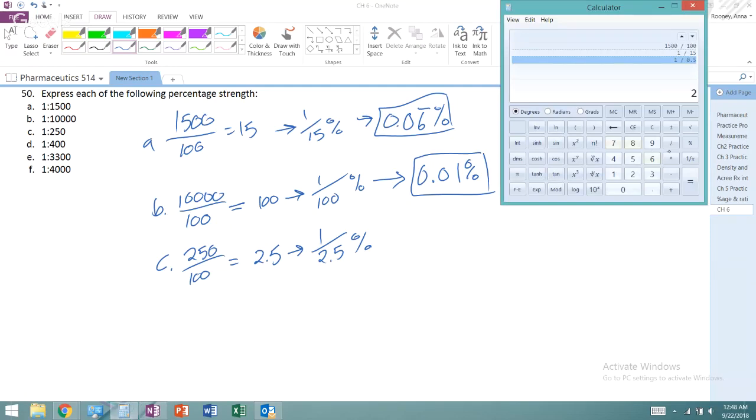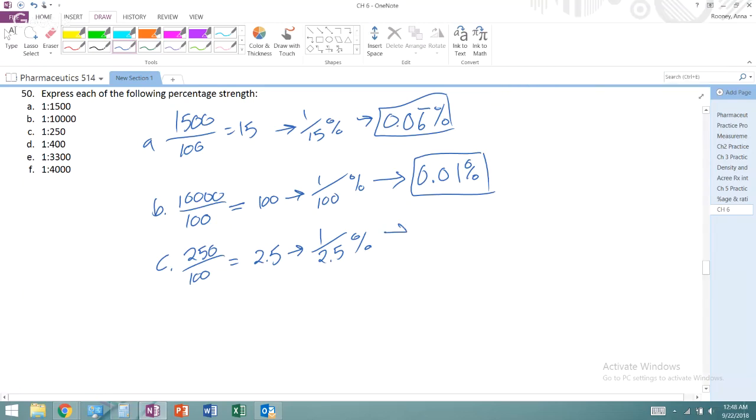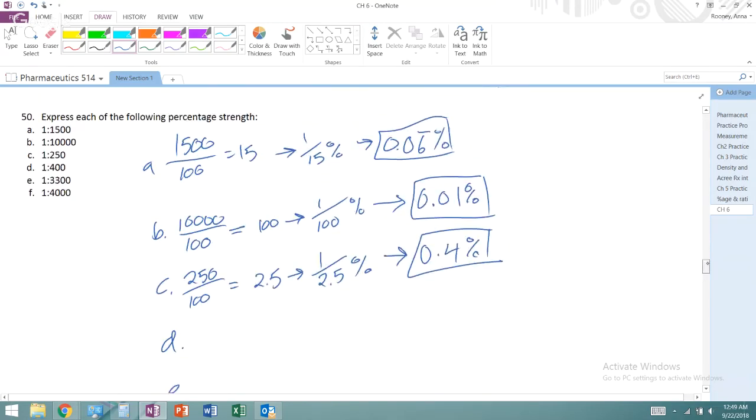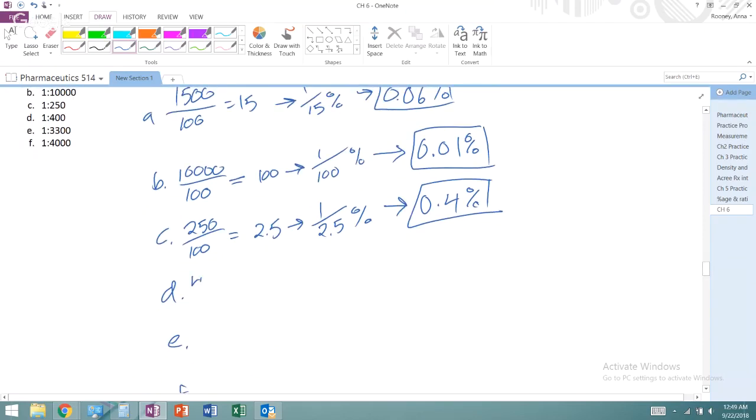No, sorry, yeah, 0.4%. One over 4% is the same as 0.25%.